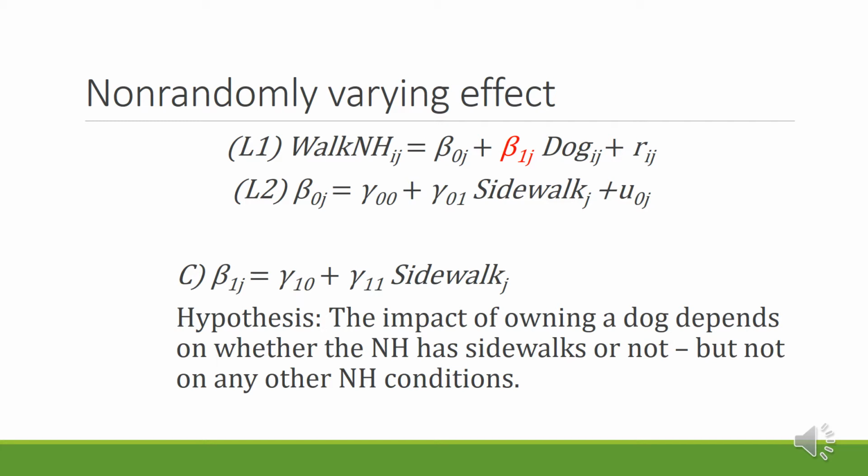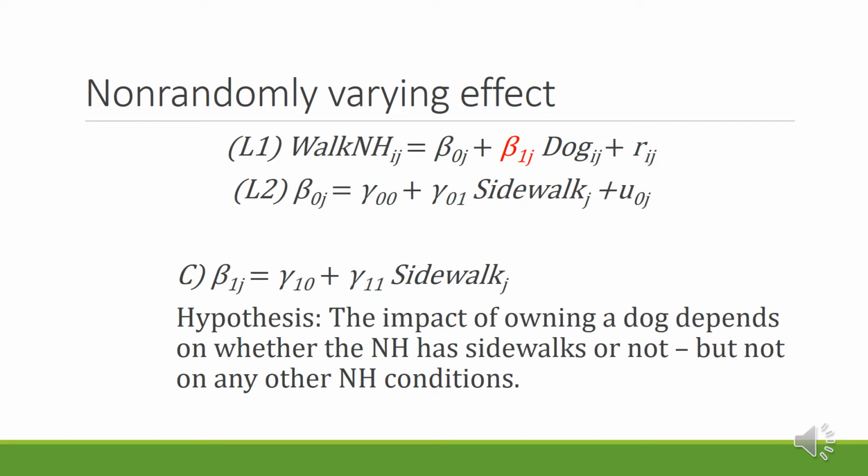The effect of dog ownership on walking in the neighborhood depends on whether the neighborhood has sidewalks or not. And as you well know, this turns into an interaction effect. So we're asking if sidewalk presence moderates the relationship between dog ownership and walking in the neighborhood. But we hypothesize that there are no other neighborhood conditions or factors that influence that relationship.